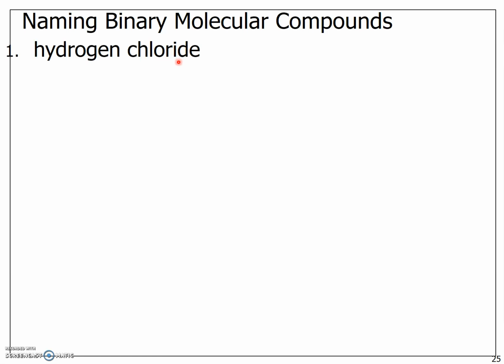Now that is a 2-letter chemical symbol, so you capitalize the C and you have a lowercase l. There isn't a Greek prefix, so you can assume 1. So that would be hydrogen chloride, represented by this chemical formula.